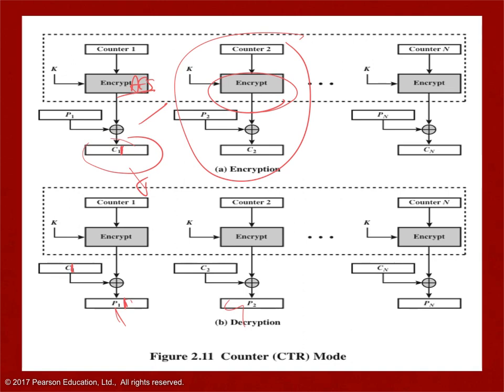Yes. Will this affect the block or the bit? It will affect only the bit. 1 bit manipulation here, and you will see that the error here is also 1 bit. The problem is that if you don't do it this way and use the previous block ciphers, 1 bit here, if you try to decode it, the effect will be on everything. Why?